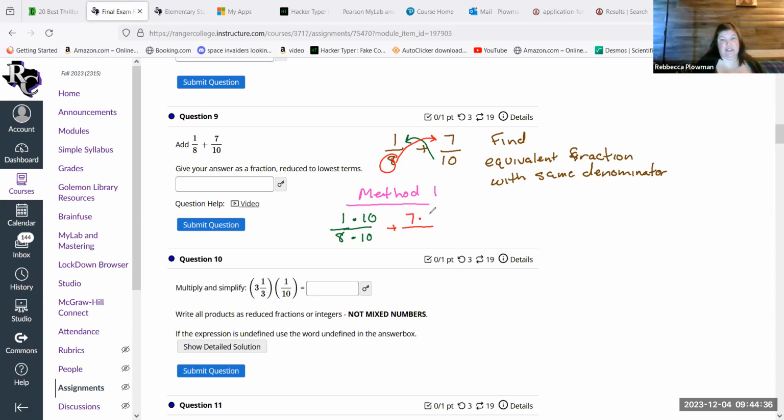So I ended up with 7 times 8 and 10 times 8, because now what I'm going to have as a denominator is 80 for both of these. So we have 10 over 80, and then we have 56 over 80. At this point, I can just add the tops together.